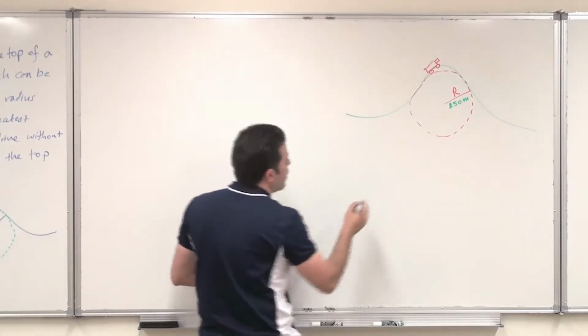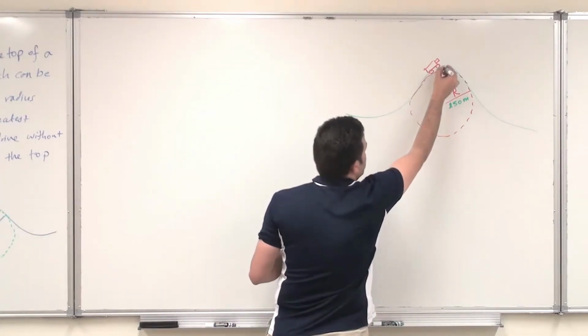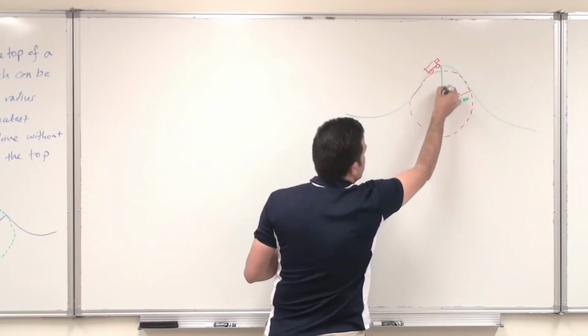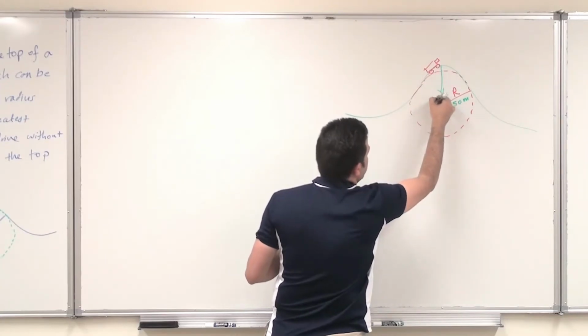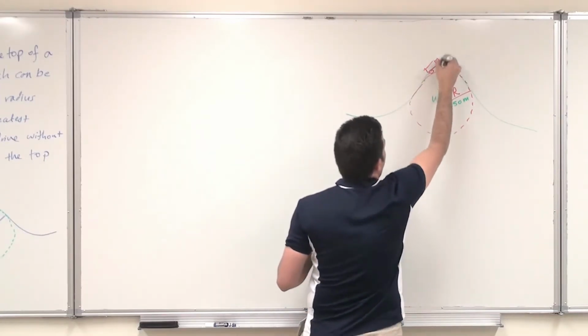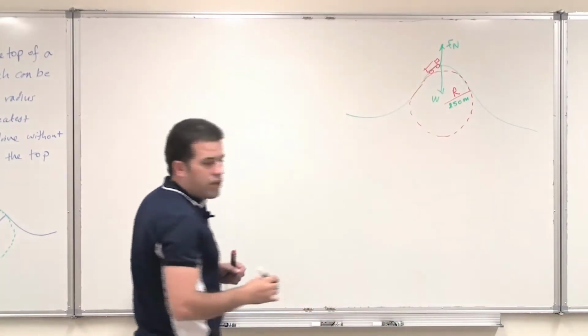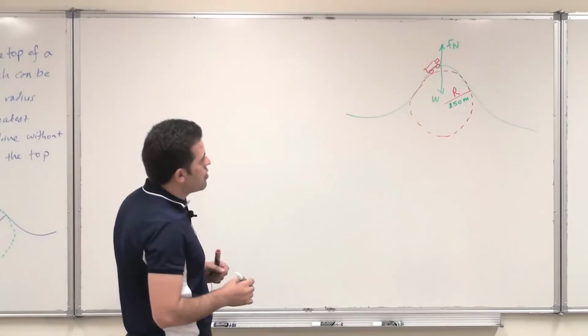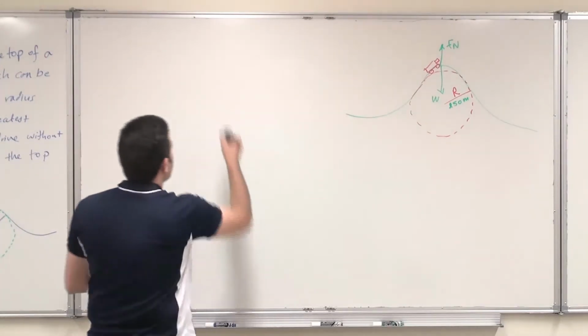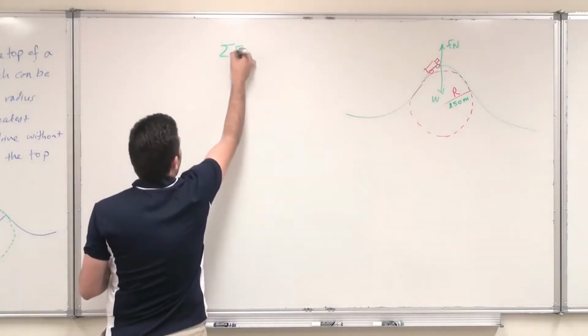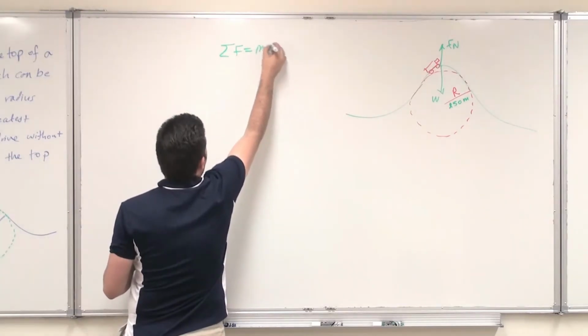So at the top of the hill, we know the forces acting on the car. First is the weight, and also we have the normal force. So we can write the equation of motion for radial acceleration, or centripetal acceleration. Sigma F should equal ma.